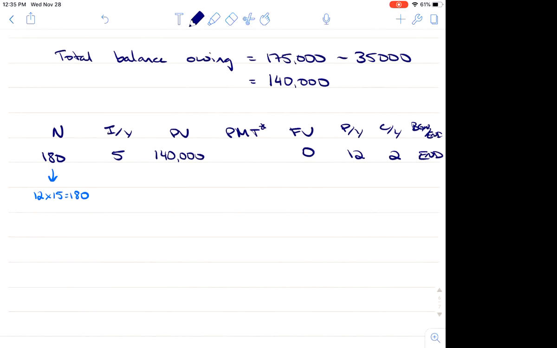Payments could very well be at the beginning of each month, but all that would change is the mode on your calculator. Or if you're calculating these things by hand, you would have to calculate an annuity due or a payment amount if you have the present value due. Easier on your calculator though.